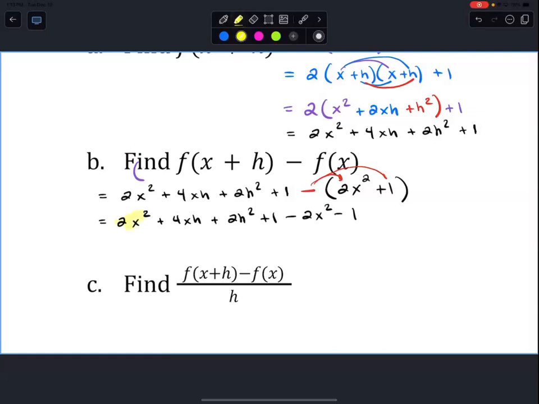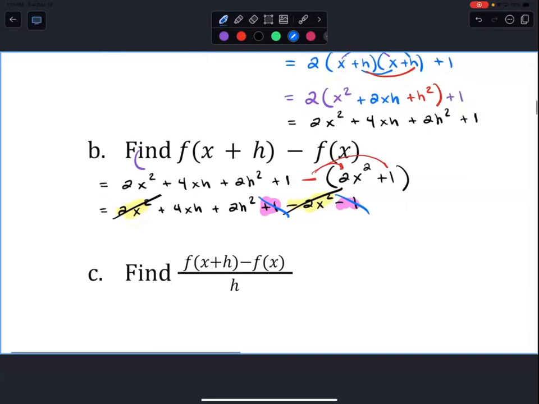If you notice, 2x squared and negative 2x squared are like terms and opposites of one another, so those are going to cancel out. And I also see one more like terms here. I got a positive 1 and a negative 1. Those are like terms, and those are going to cancel out. So after those cancel out, I'm left with 4xh plus 2h squared.